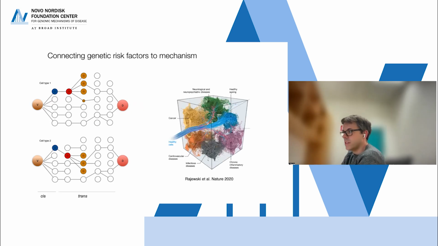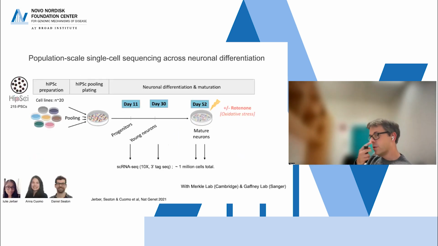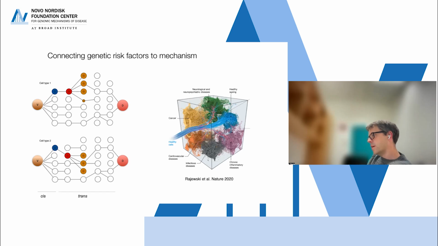This motivates the use of single cell assays, which is something we've been quite excited about. This is a picture I borrow from the lifetime perspective article from Nicola Zarevsky.